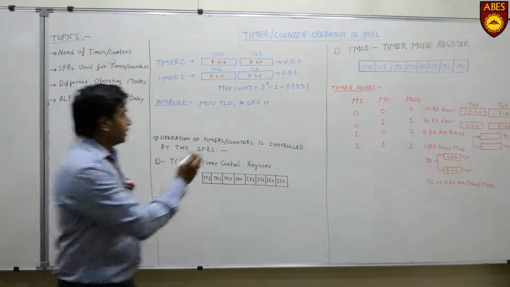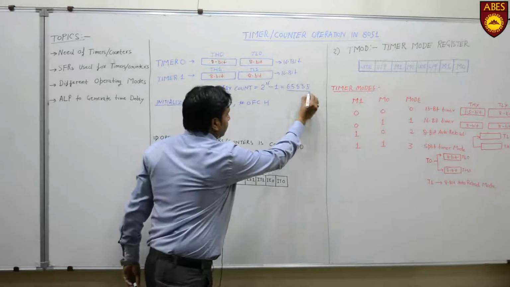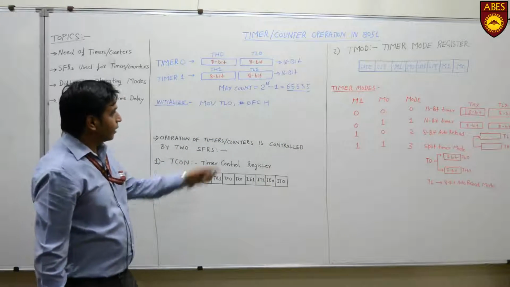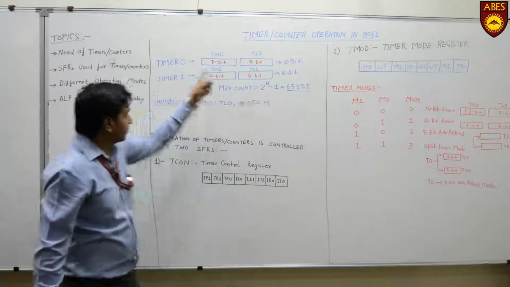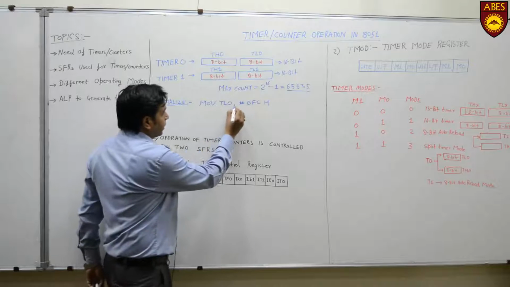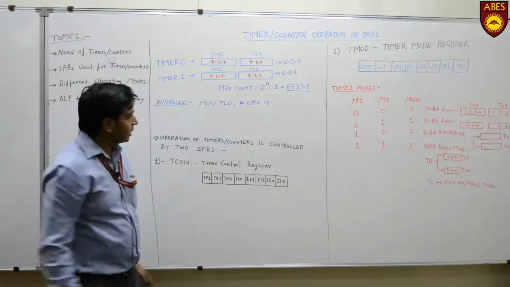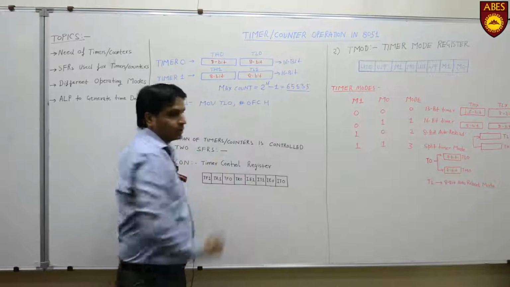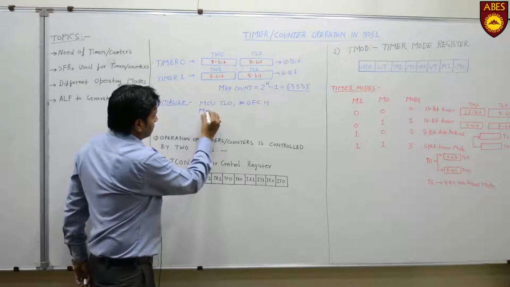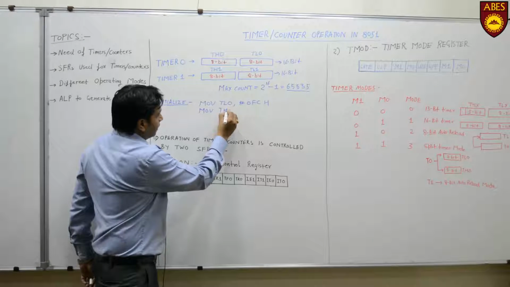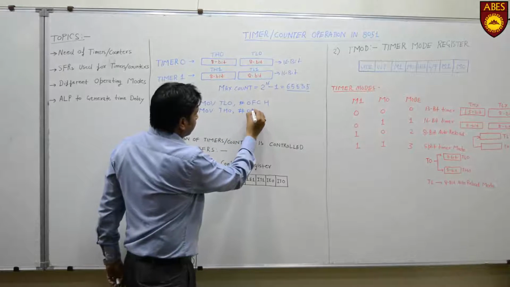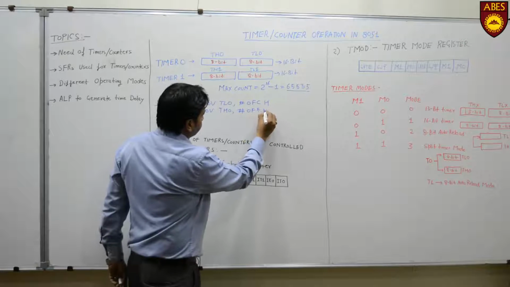So we have seen that we can load a maximum value in the timer 0 and timer 1, that is 65535, and to initialize these registers with some value, we will use instructions like MOV TL0, #0FC. I am taking this random value, that is FC, in hexadecimal. Similarly, we can load the higher order register like MOV TH0, again taking some value, that is FF, in hexadecimal.